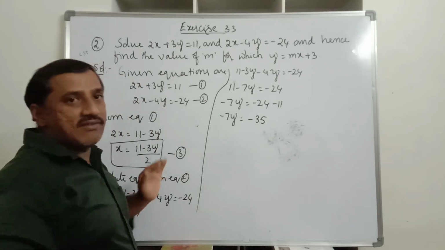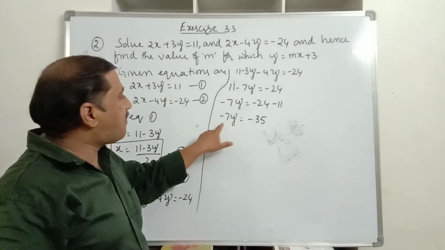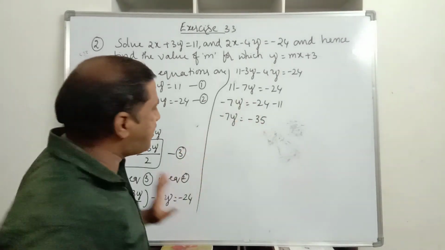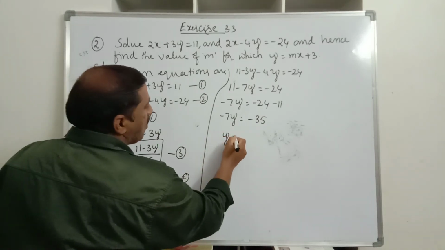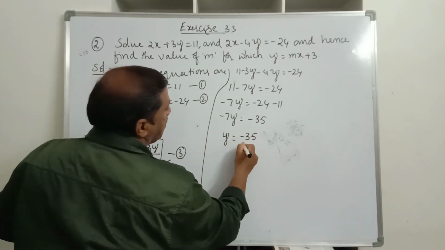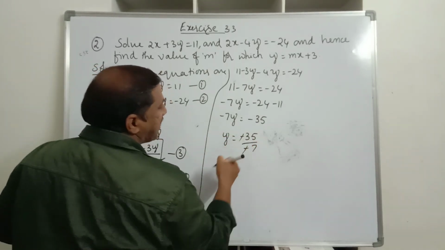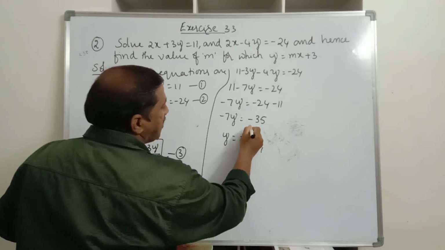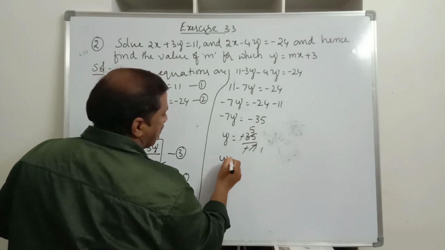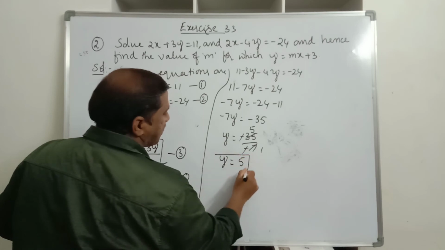Transpose minus 7, which is multiplied by y; since it is multiplication, it divides. Now y is equal to minus 35 by minus 7. The minus signs are cancelled, and 7 fives are 35. So now y is equal to 5 we got.